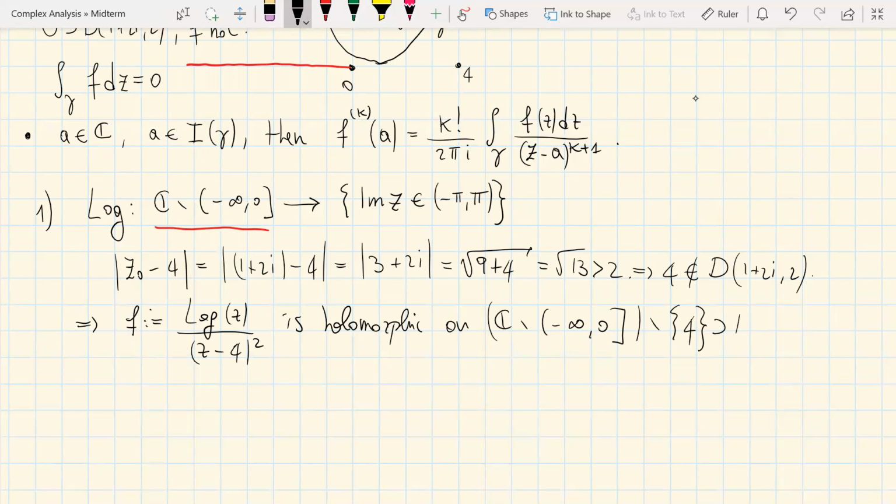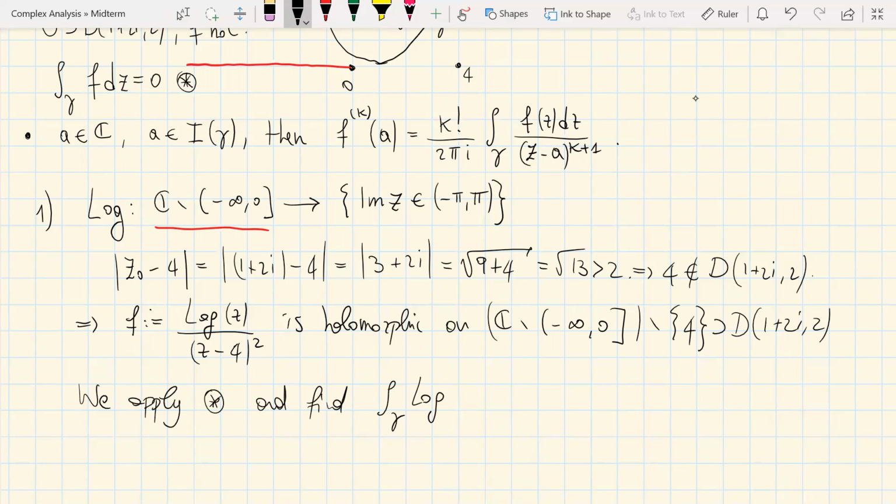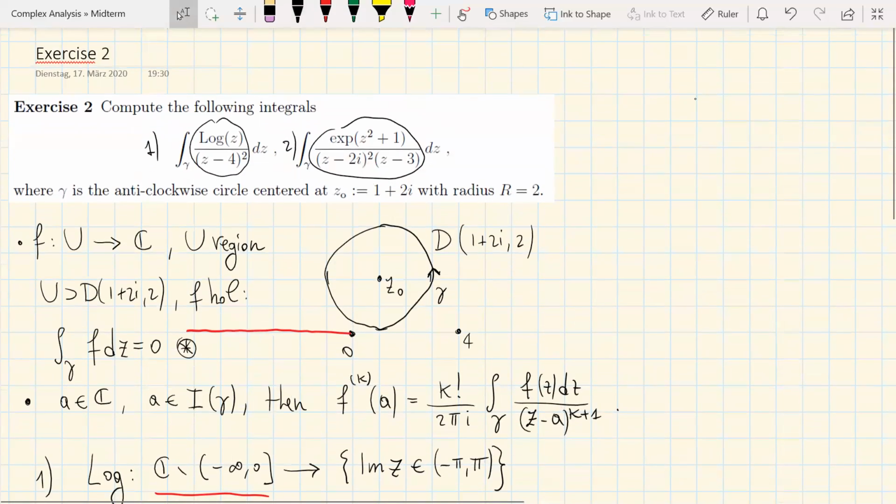But this contains the disk. So we can apply the first formula, call it star, and find that the first integral is equal to 0. Okay, so this solves the first integral.